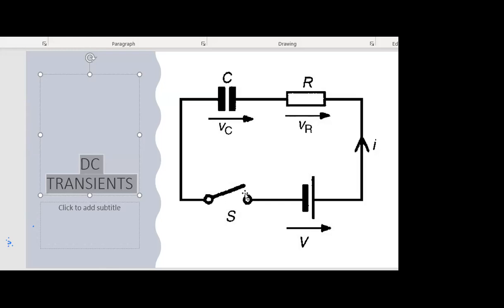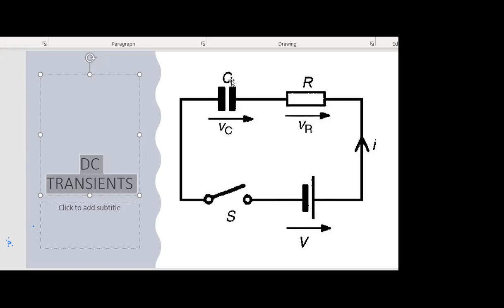Usually it occurs in response to a sudden change in the sources that are applied to the circuit. When there is a sudden change in the source, there is that small time it takes before the voltage across the energy storing elements like the inductor or the capacitor settles.